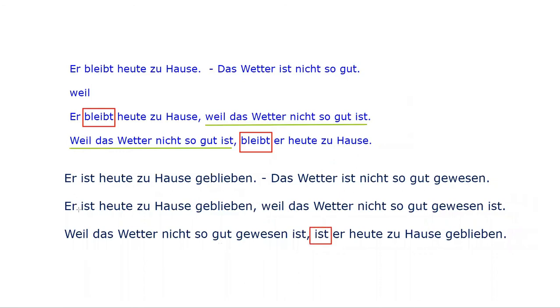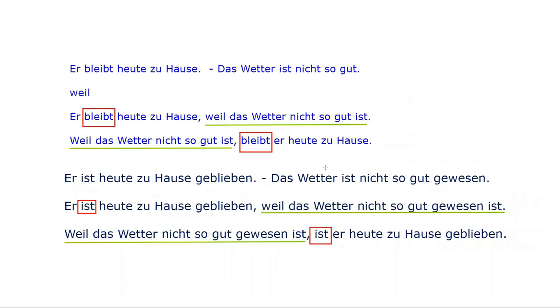So this one is the one that went there. Because we have the subclause at the end here, and in the second sentence, it is at the beginning.